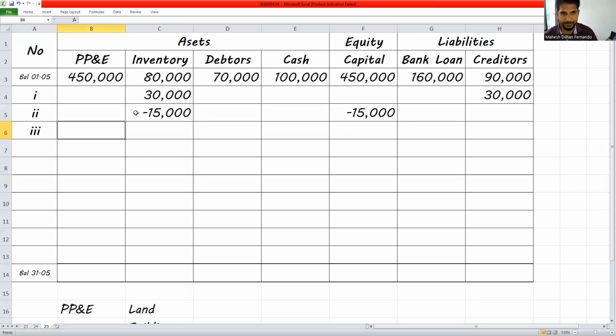Number 3. Sold goods value 25,000 for 48,000 on credit. Goods value 25,000, minus 25,000. This is the cost of goods sold. It is sold on credit. That doesn't increase cash, but increases debtors by 48,000. Can someone tell me the profit here?